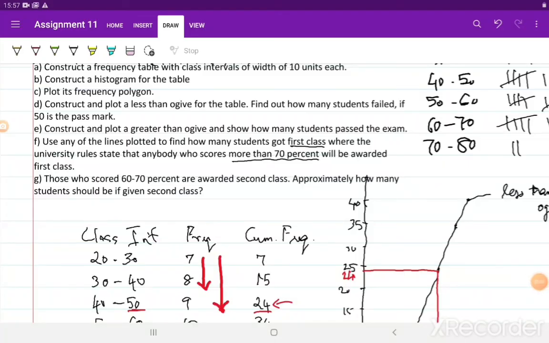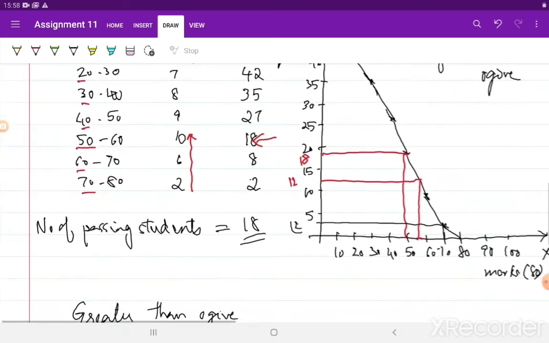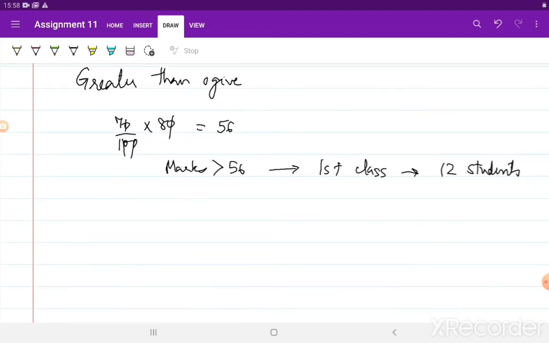The last bit asks us how many students got awarded second class, and those who got 60 to 70% are the ones that are awarded second class. So let's have a look at what second class marks would be.